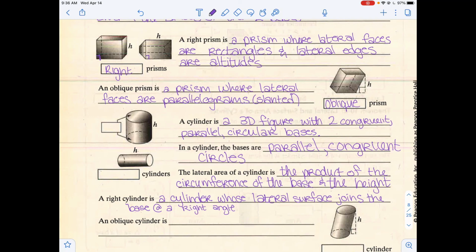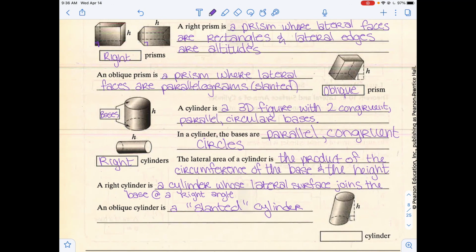So you can think of it as straight up and down. These would be right cylinders, and these two circles would be the bases. Okay, an oblique cylinder, I just think about it like a slanted cylinder. So the height is outside of the cylinder. So this would be an oblique cylinder.